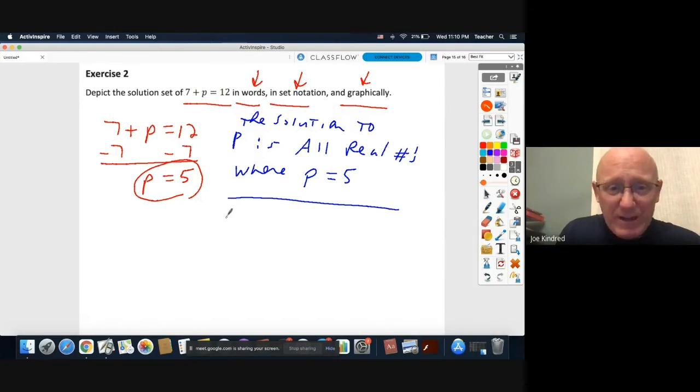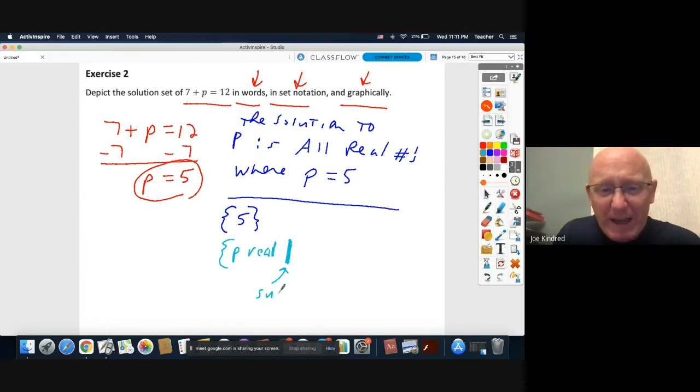In set notation, you can put the simple version, just with the little set notation symbols. You might also begin to see this in set notation: the same symbols, P is real, and this symbol here that you're going to see quite a bit, is real, and this little thick line here, such that.